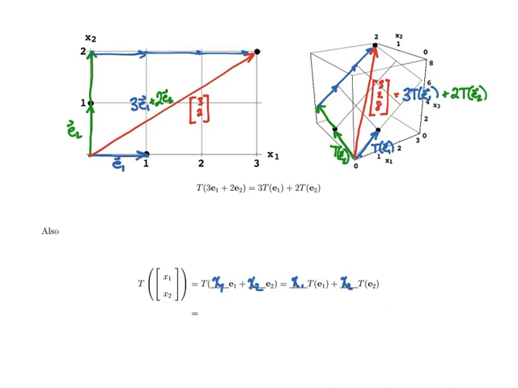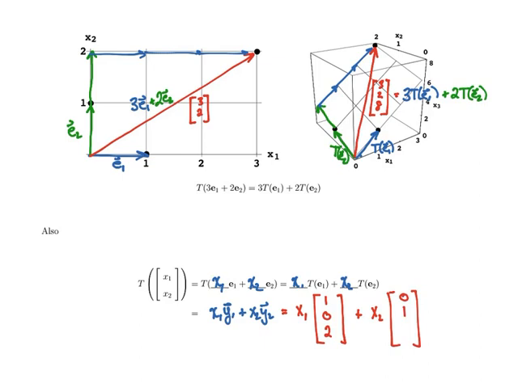Doing the same kind of thing, this is x1 Y1 plus x2 Y2, which will be equal to x1 times the vector Y1 plus x2 times the vector Y2, which was 1, 0, 2, and 0, 1, 1.